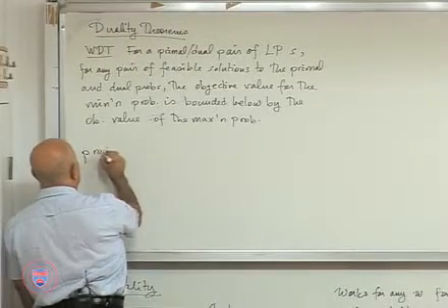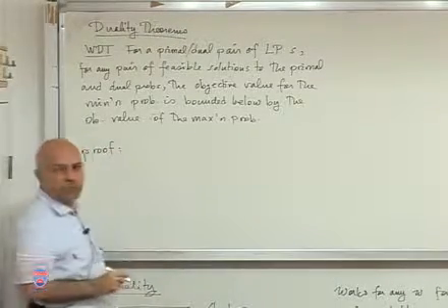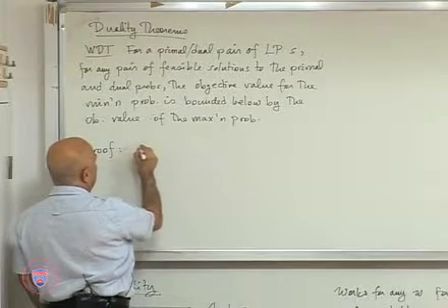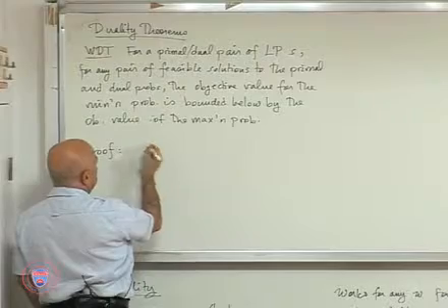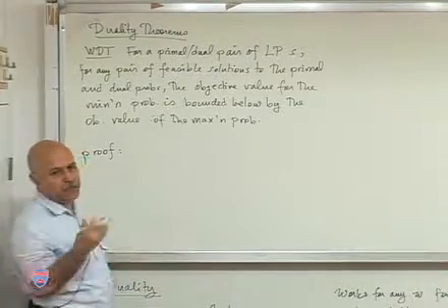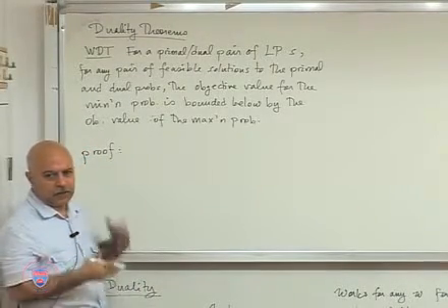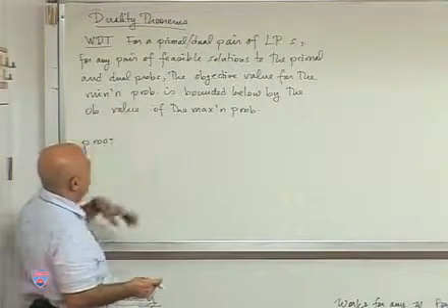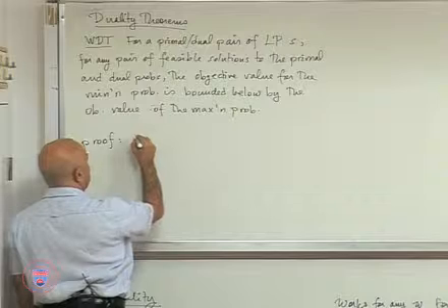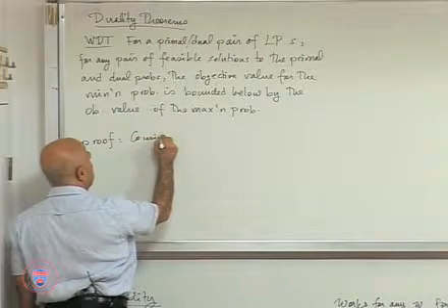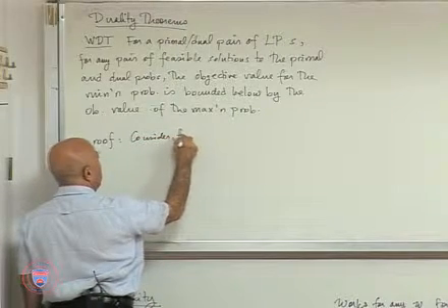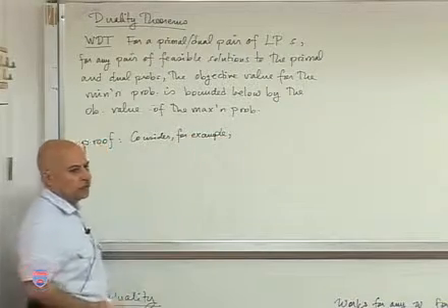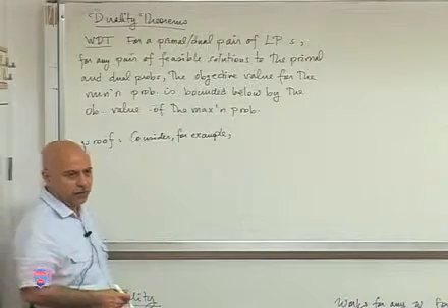So let's see how we can prove this. I'm going to work out the proof only for a specific case of primal dual pair because the general case works for any pair. Nevertheless, let's just consider an example pair, okay? You should be able to also work it out for other pairs.